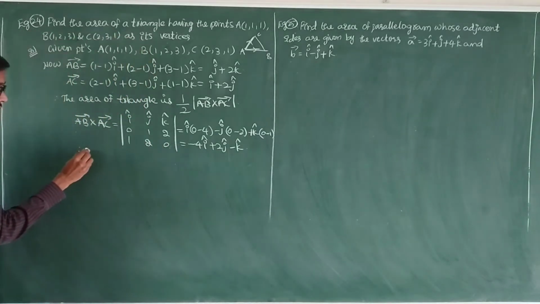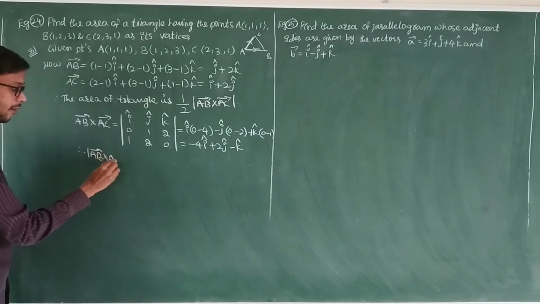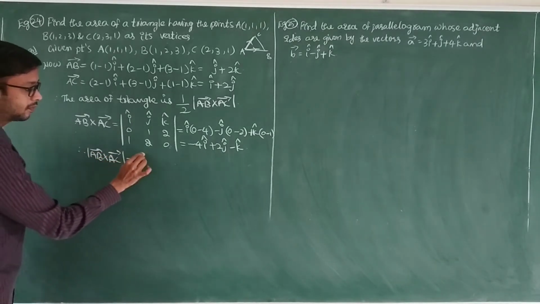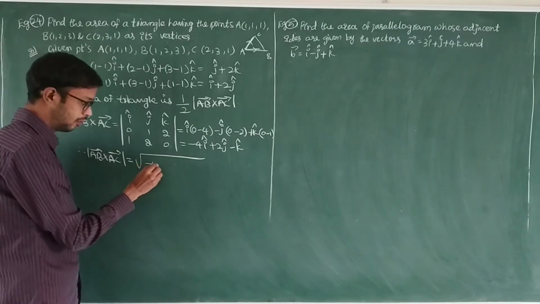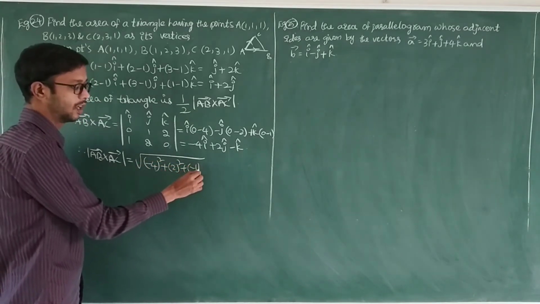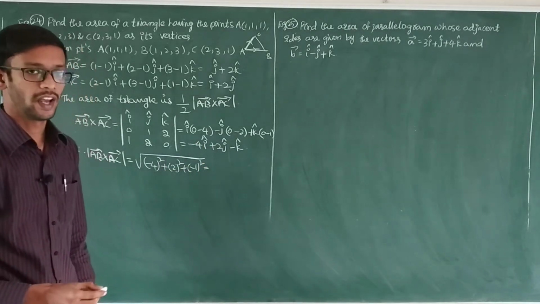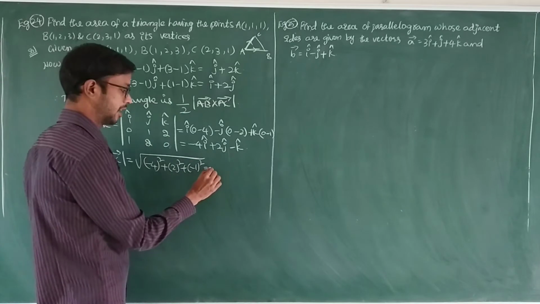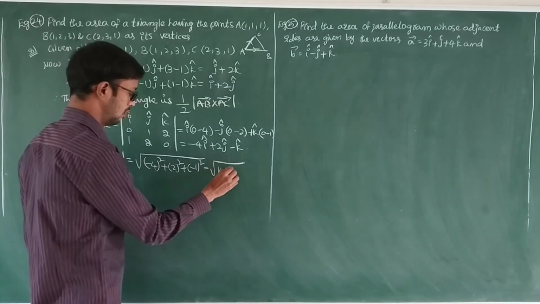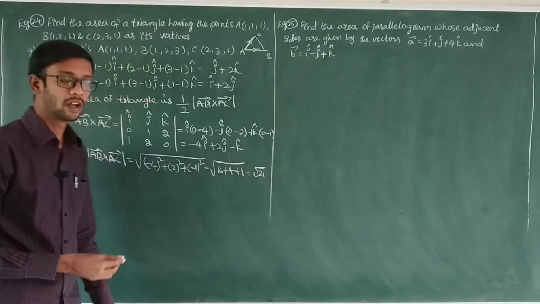Now we have to find its magnitude: minus 4 whole square plus 2 whole square plus minus 1 whole square. Corresponding coefficients, squares and root. That is only magnitude: 16 plus 4 plus 1, that is root 21.